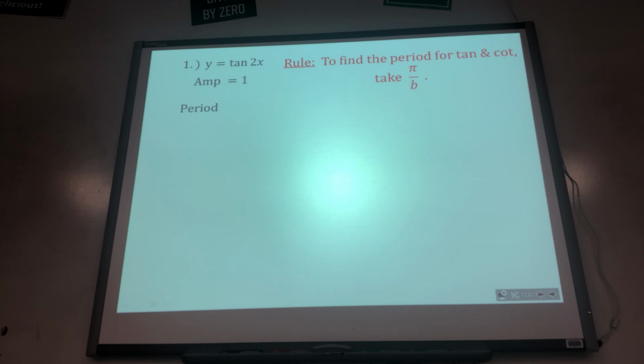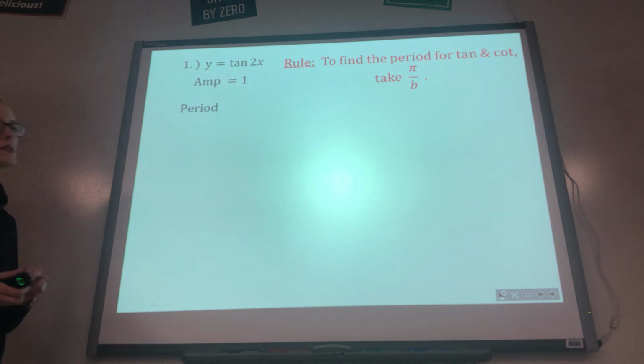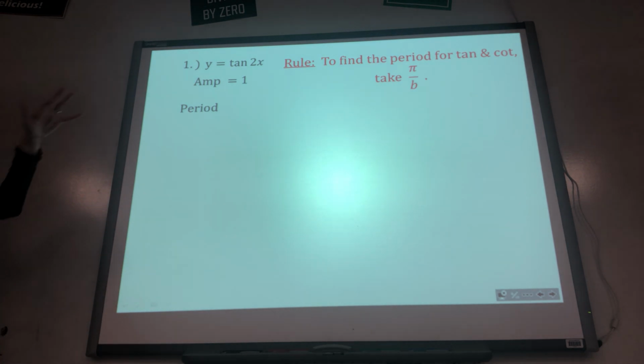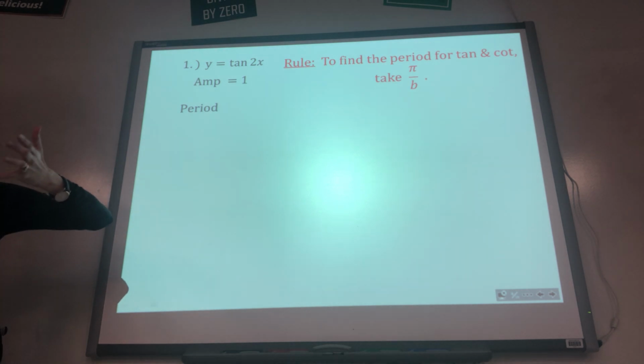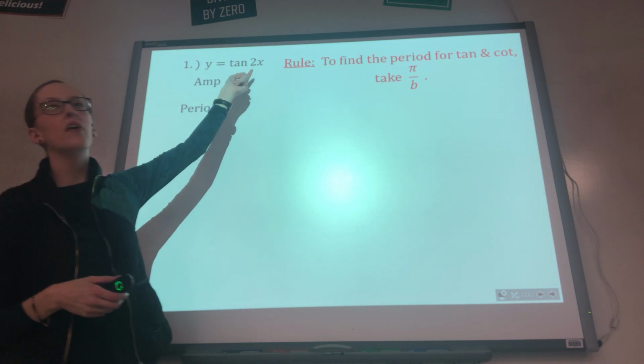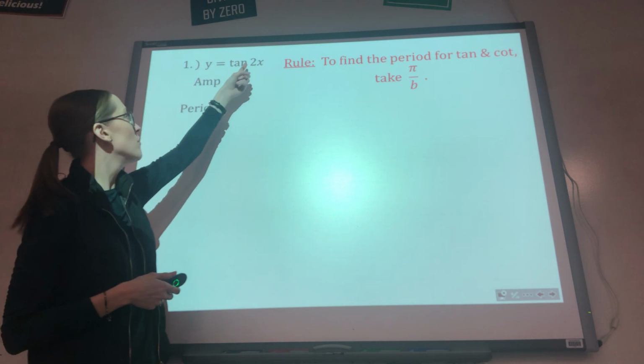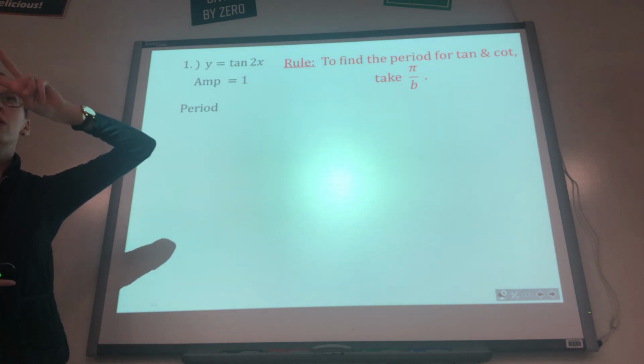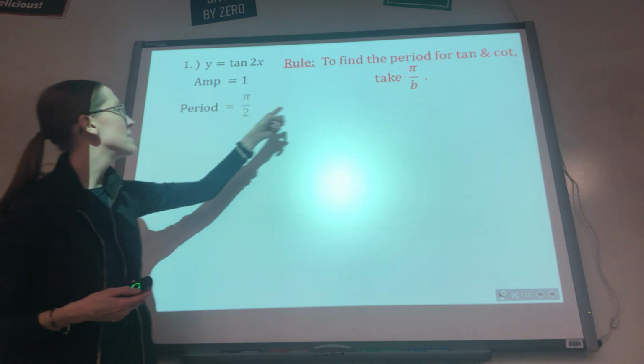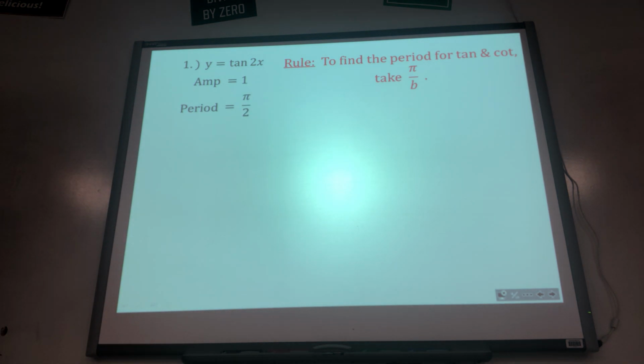All you do is take pi divided by b. And again, the difference there is just the period of the parent graphs. Used to be 2 pi, now it's just pi. So the b part hasn't changed. B is still the number in front of x. So for this problem, b is 2. And so I just need to take pi divided by 2, and I can't really simplify that. So I'll just leave it as pi over 2.